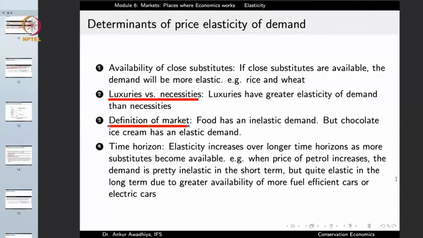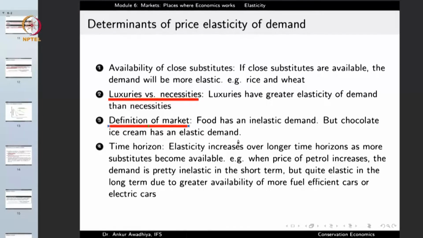But if you look at the market in a very narrow manner, then different things have large elasticities. Chocolate ice cream, for example, has an elastic demand. Why? Because if the price of chocolate ice cream increases, then people will reduce the consumption. But when we look at food in total, then even if the price increases or decreases, the quantity demanded will remain the same.